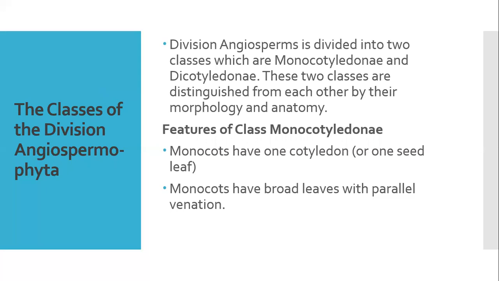Let's see the features of class Monocotyledonae. This consists of monocots that have one cotyledon, or one seed leaf. Also, they have broad leaves with parallel venation. This means that the leaves have parallel veins.